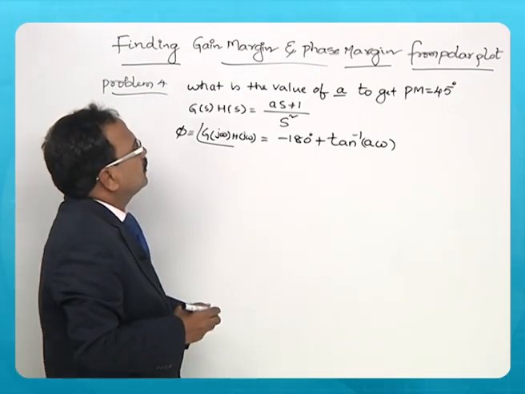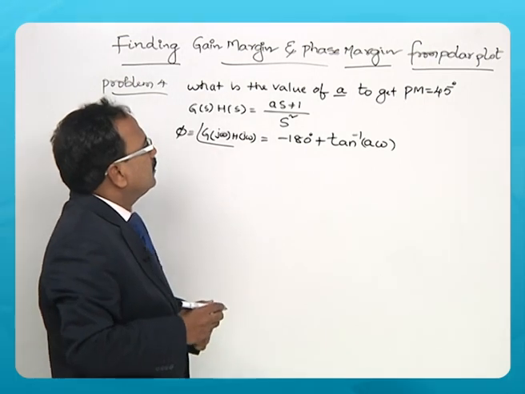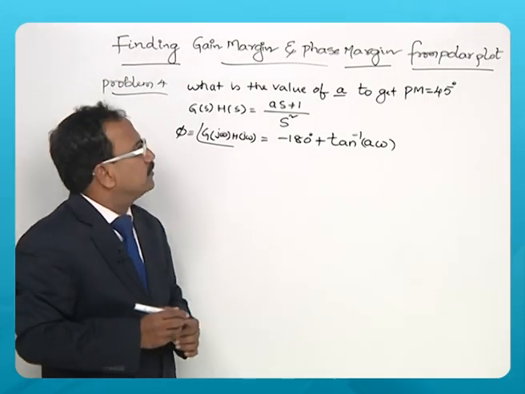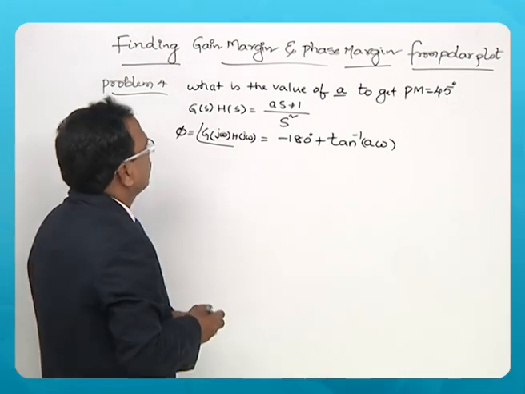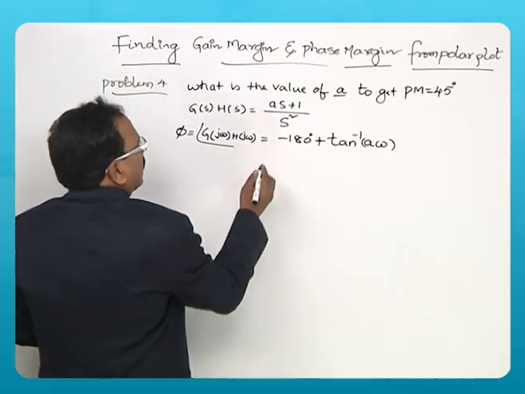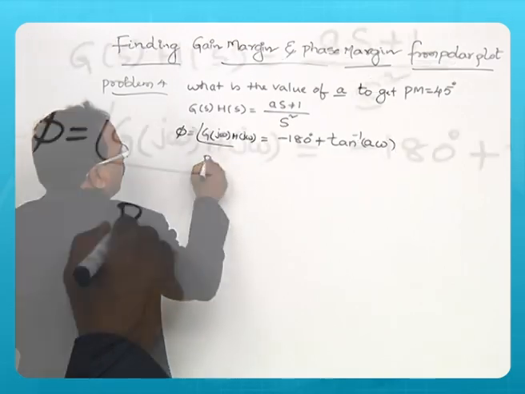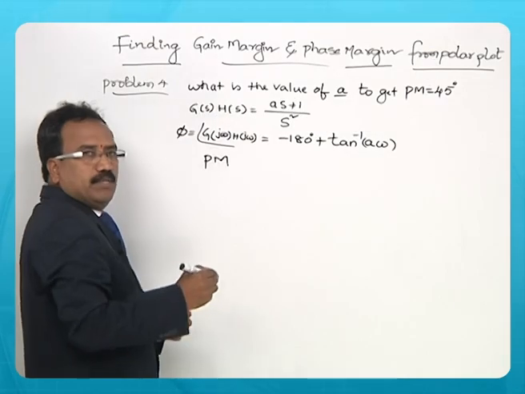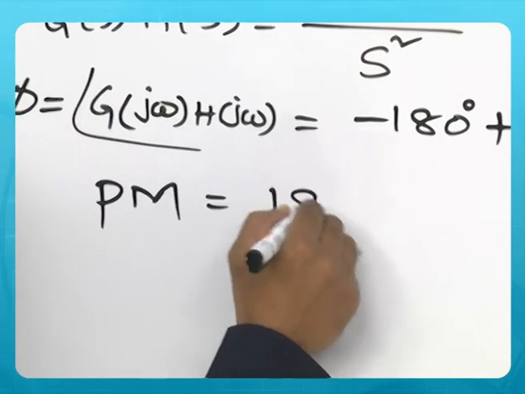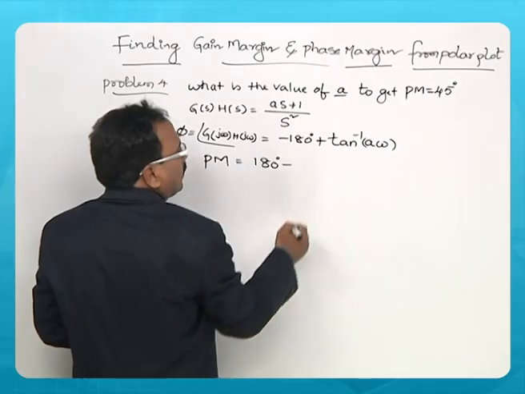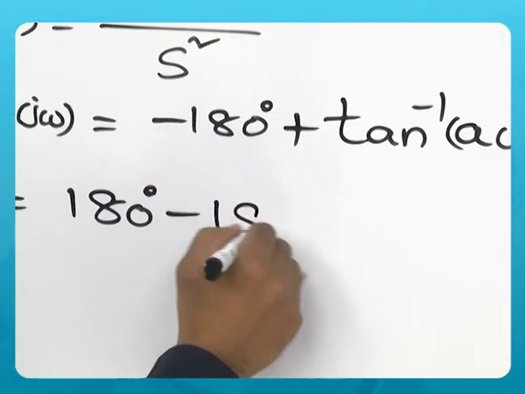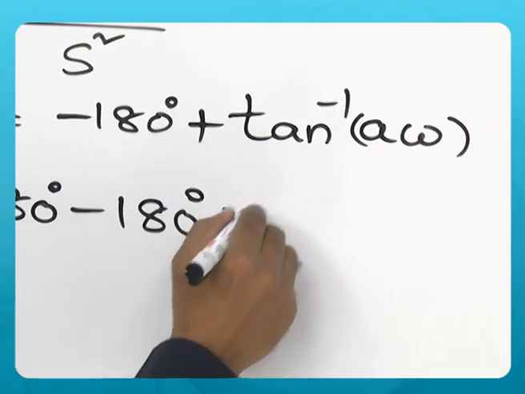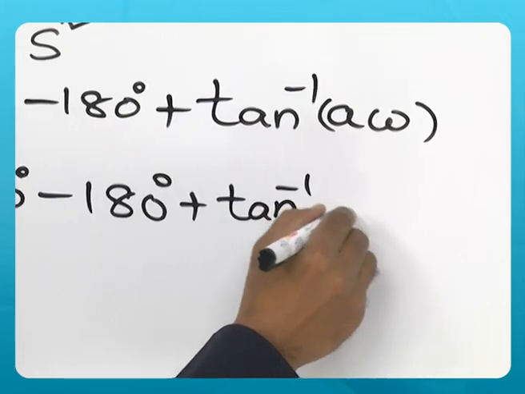Now, the specific phase margin is already given, that is 45 degrees, and I need to get the value of a. The formula for the phase margin PM is equal to 180 plus the phase angle term, that is 180 minus 180 plus tan inverse a omega.